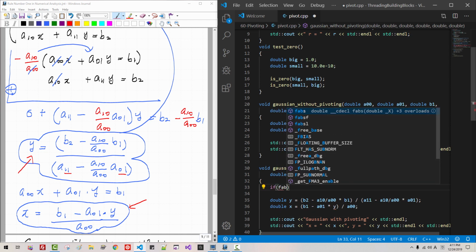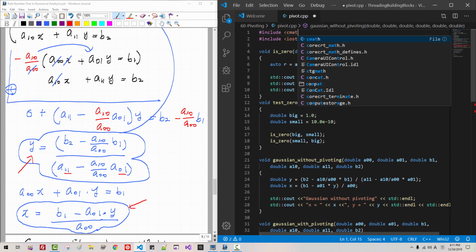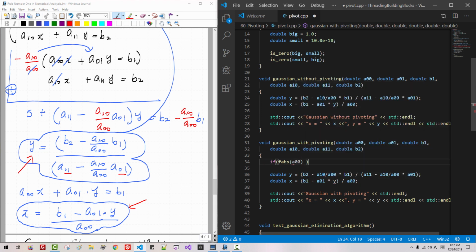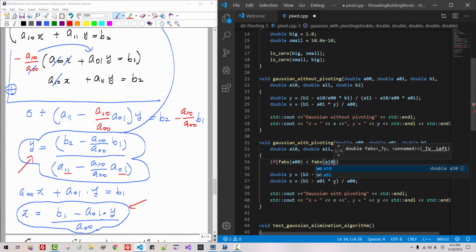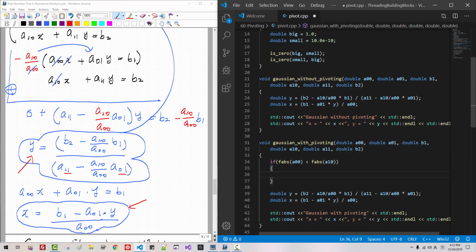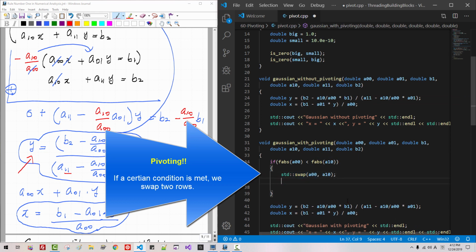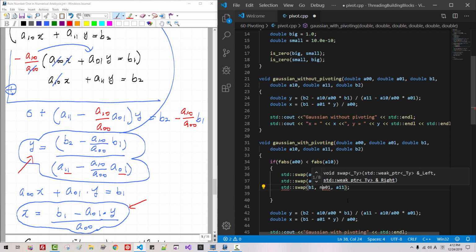If fabs of A00 is less than fabs of A10, then we swap: std::swap A00 and A10, A01 and A11, and B1 and B2.